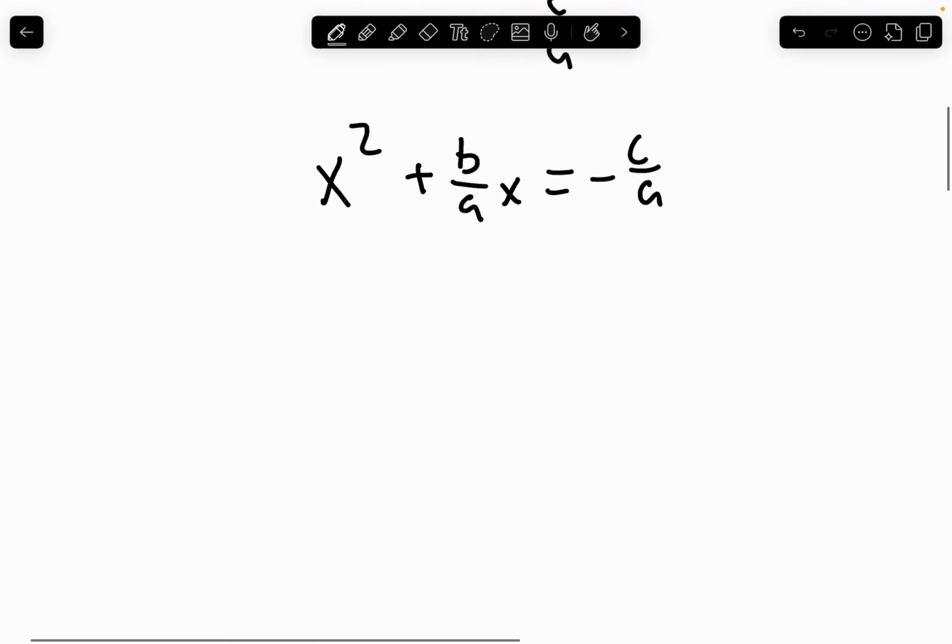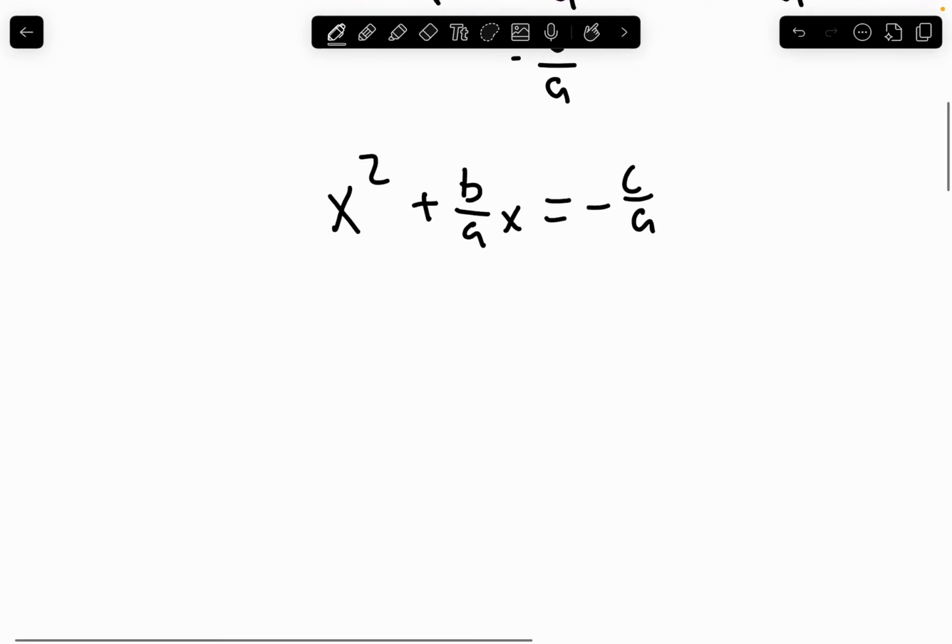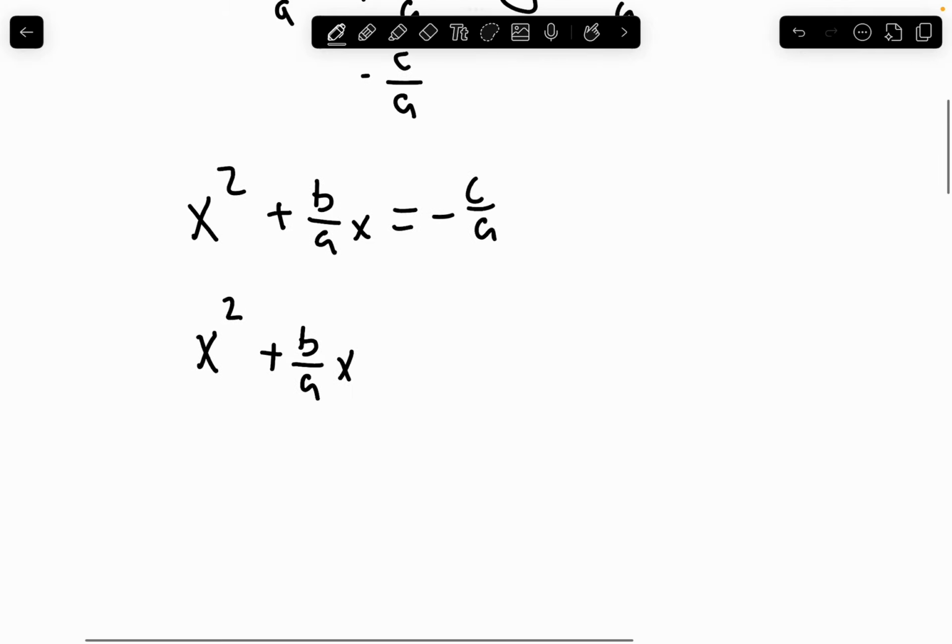Now with that, we can complete the square. It would be x squared plus b over a x, and now completing the square, we need to take half of this and have it squared. So it would be plus b over 2a squared.